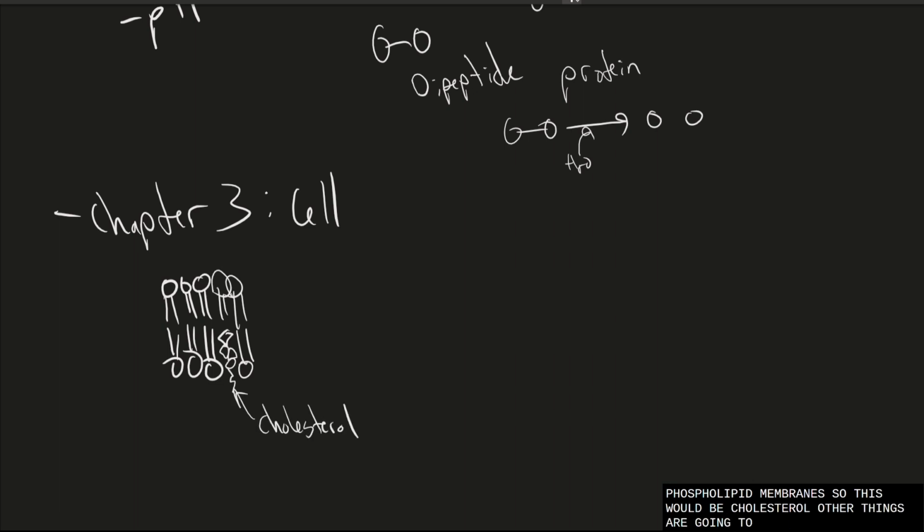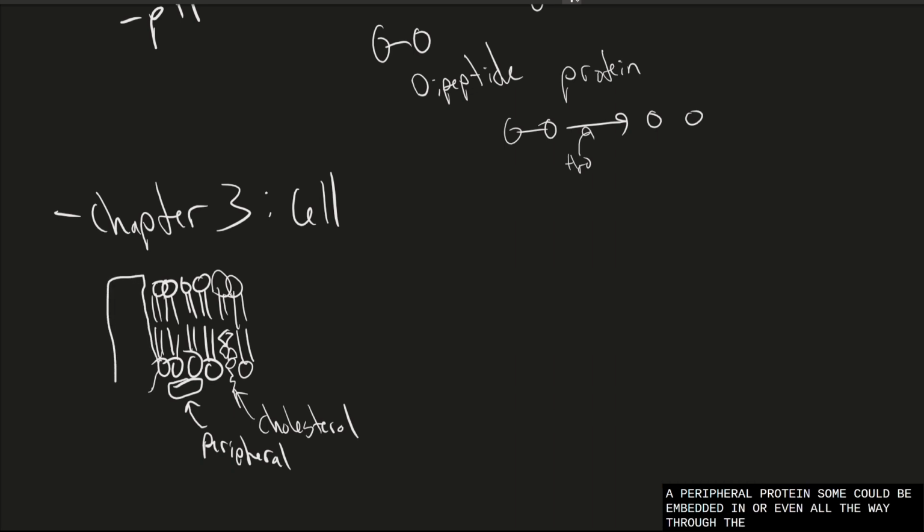Other things you can have embedded in here are proteins. So if I were to draw a protein, there could be one on the outside, and this would be known as a peripheral protein. Some could be embedded in or even all the way through the membrane with a channel. Then over here we would have more phospholipids.